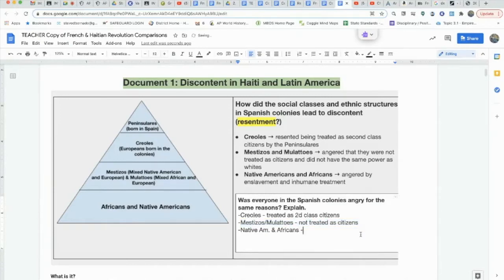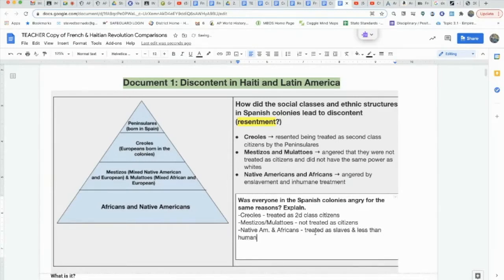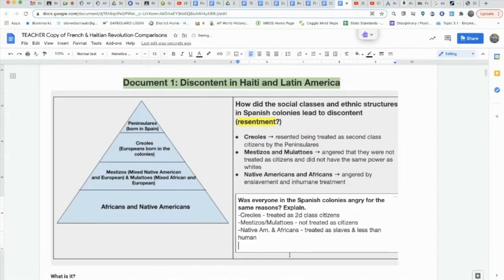What about Native Americans and Africans? Well, they were really angry because they were enslaved and they were treated inhumanely, inhuman, less than human. Treated as slaves, less than human. Okay? I'll give you a second to keep up.